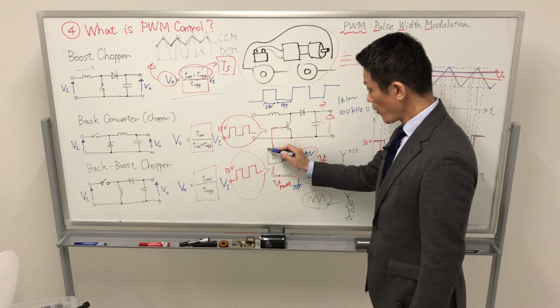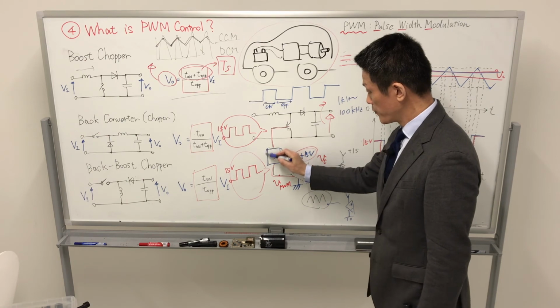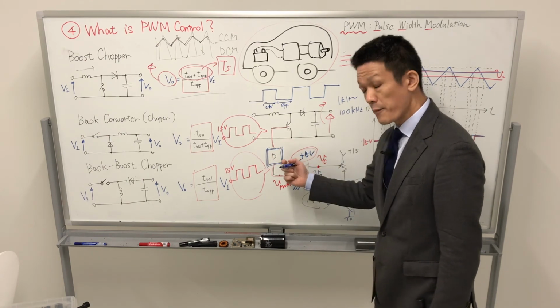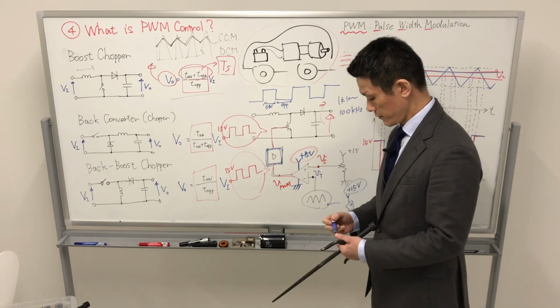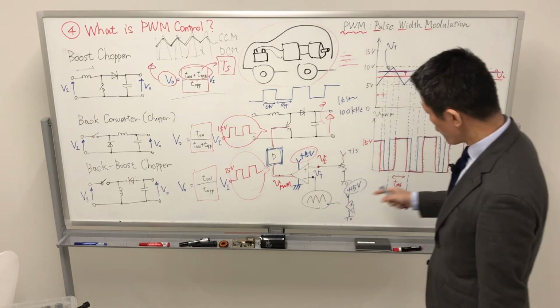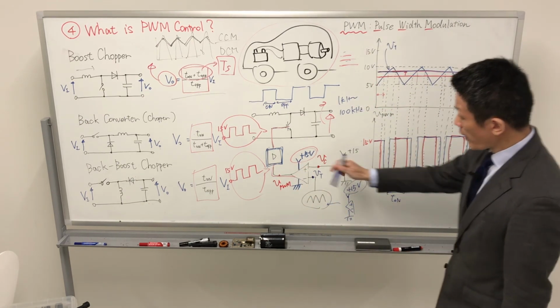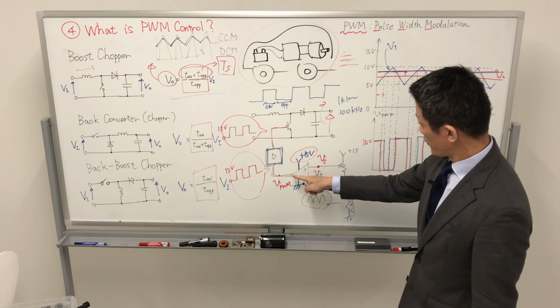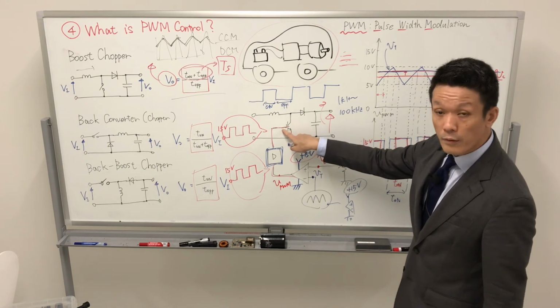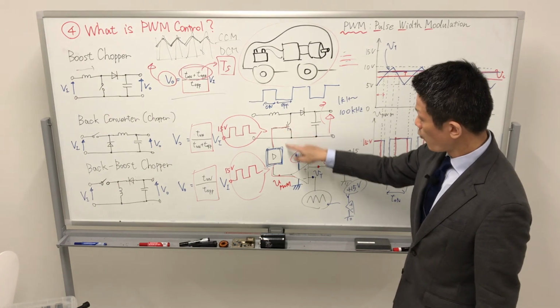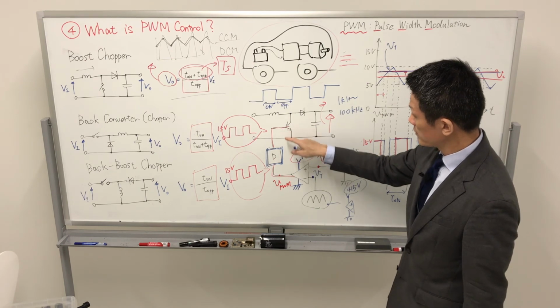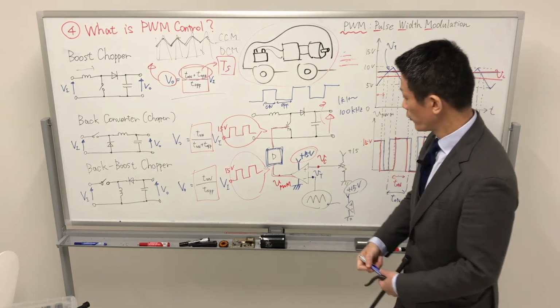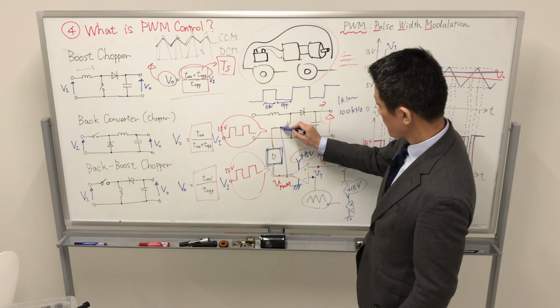So why do we require this gate drive circuit? It is almost the same, so you can input this voltage directly. What occurs with a direct connection for this one?